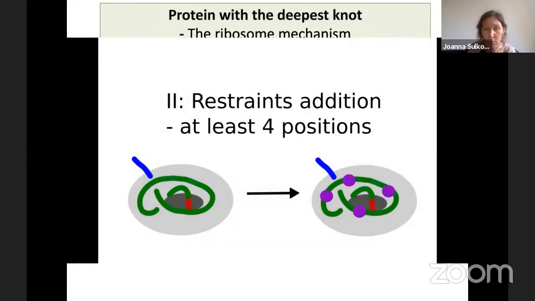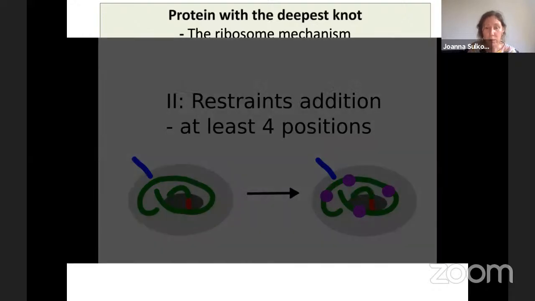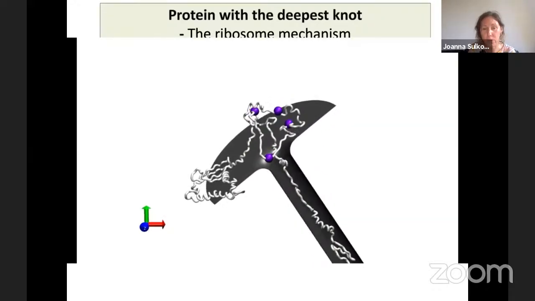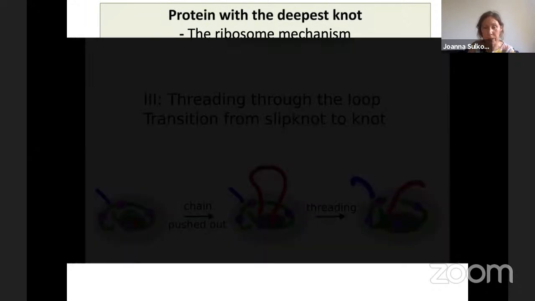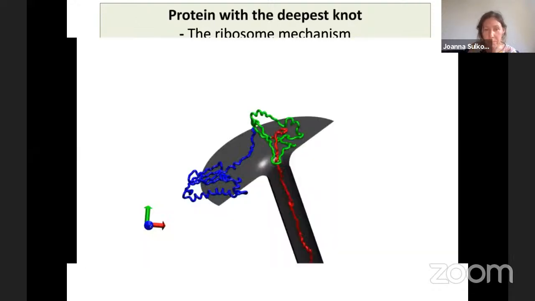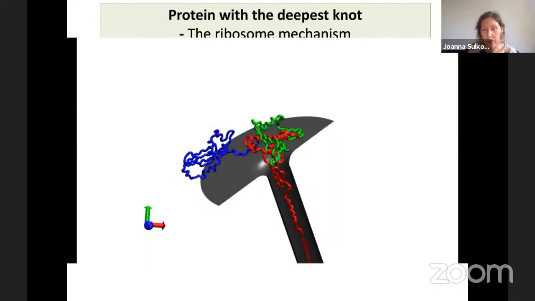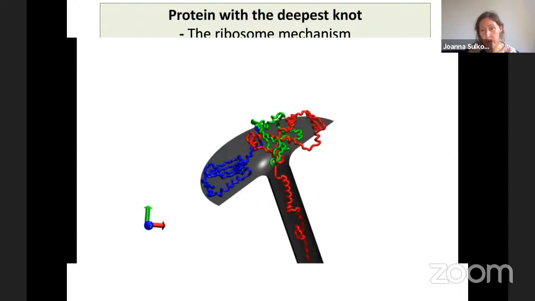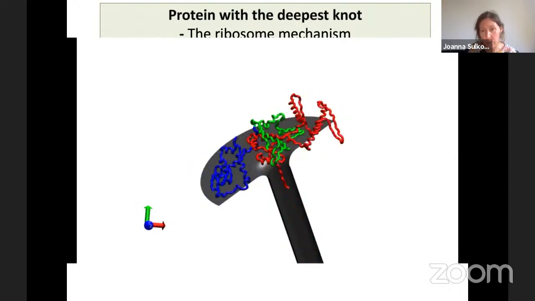And what we observe here is the formation of a twisted loop on the surface of the ribosome, and then you can add the interaction with the negative charge of the surface, and then let's see what happens. And then you see that the protein is just pushing the chain across the loop.